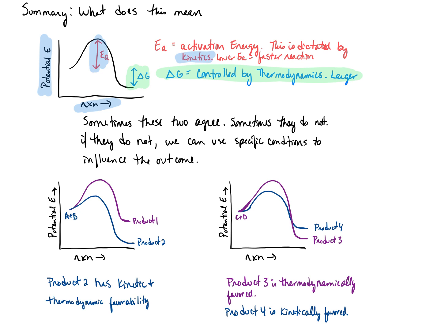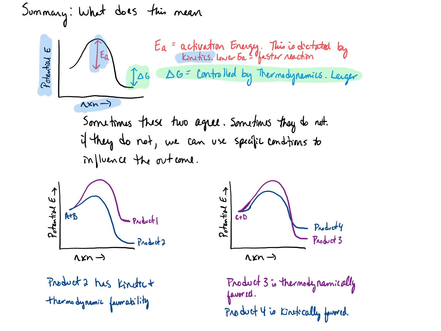But thermodynamics is basically how much energy is released in the process of that reaction happening. So if a reaction is controlled by the fact that you've got more energy released, then it would be considered to be thermodynamically controlled. Okay? Sometimes the two are going to agree with one another. Sometimes they do not. And you can influence a reaction to give you one product or the other.